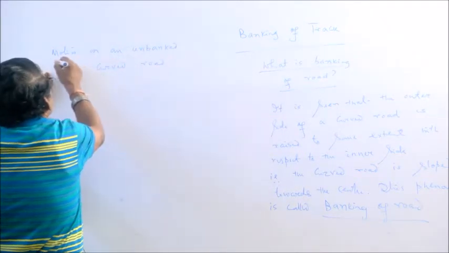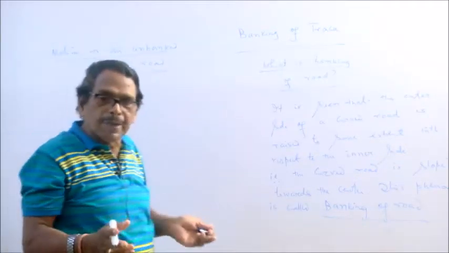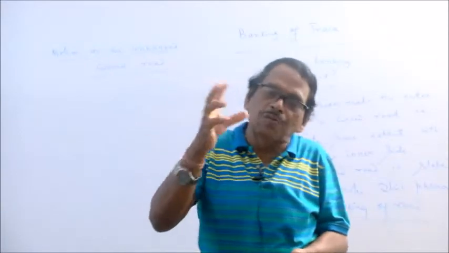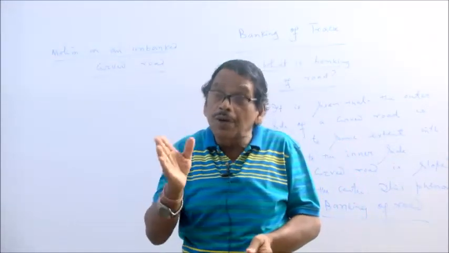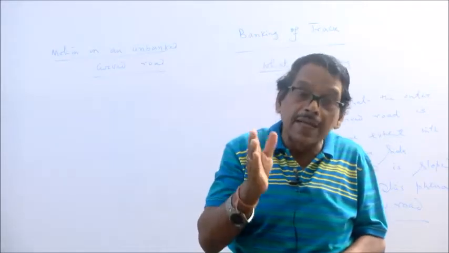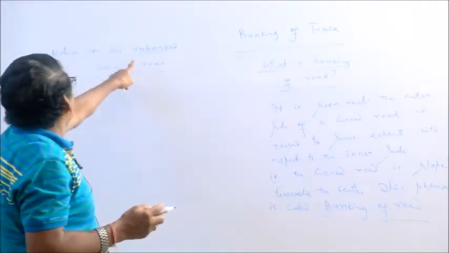From that difficulty we will go to the necessity of banking. You first go to an unbanked road and see what difficulty you face there. To overcome that difficulty, we will bank the road. So, motion on an unbanked road.